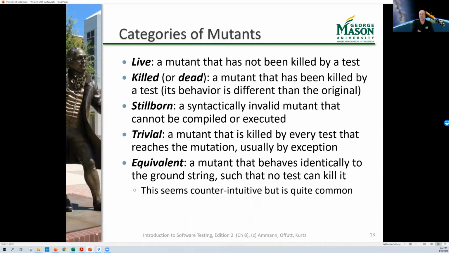And that seems counterintuitive, because we would kind of like to think, well, there's really one correct way to write a program, and any mistake that I make along the way will cause the program to behave poorly under some circumstances. And that turns out to not be true. And in fact, somewhere between 10 and 20% of all mutants are equivalent mutants. And we'll give some examples coming up.